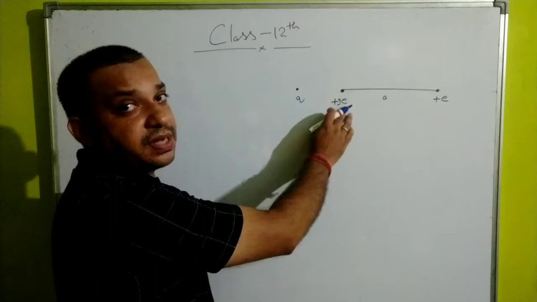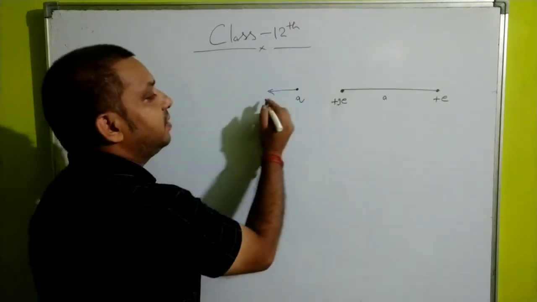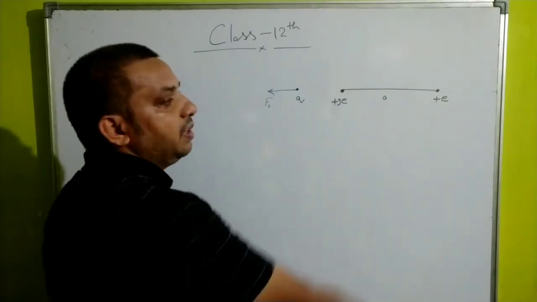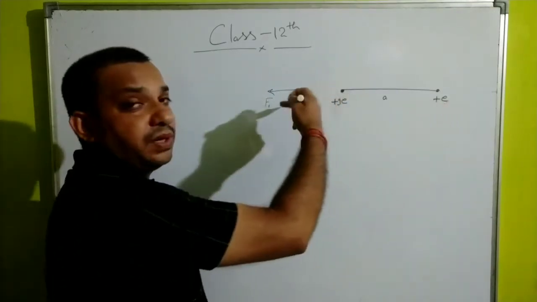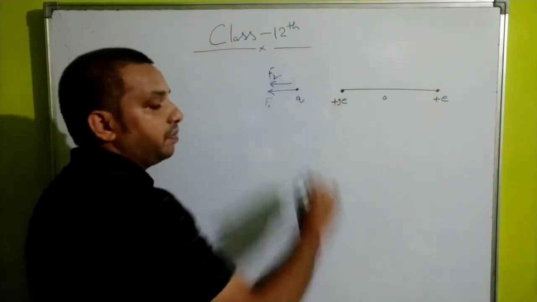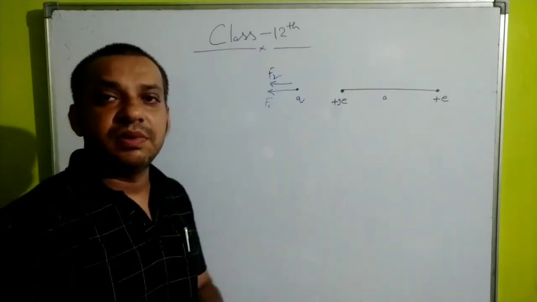Because of this plus 9e, the direction of the force acting on this q charge is in this direction. Let us assume the force is F1. And because of this plus e, again you will get a repulsion force in this direction. Let us assume that force is F2. Now the condition given in the question is that the third charge should be in a stable form.